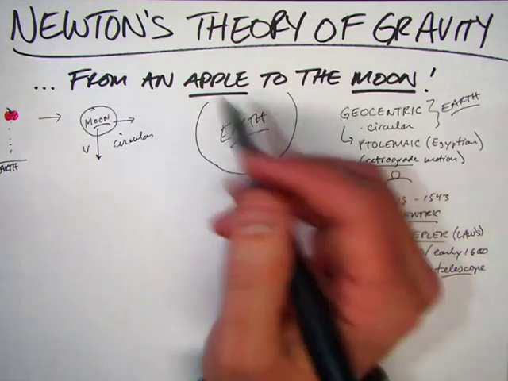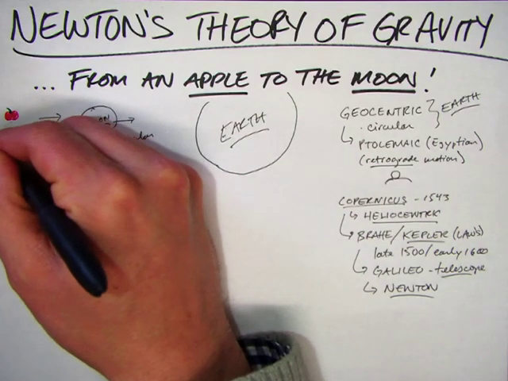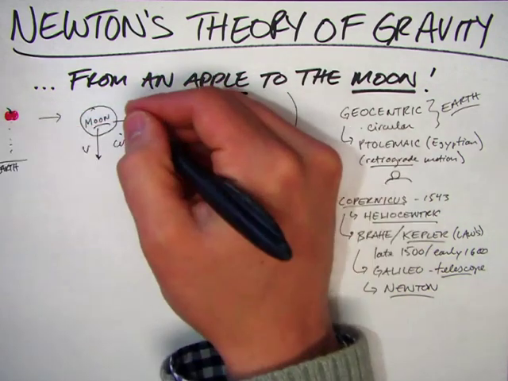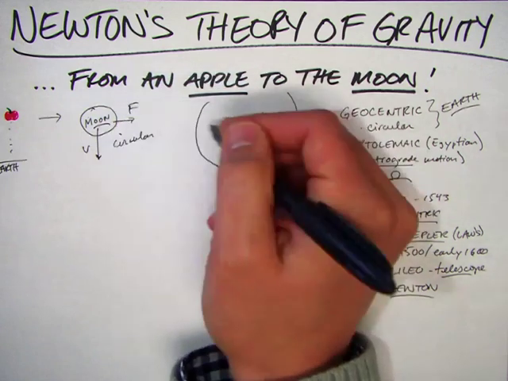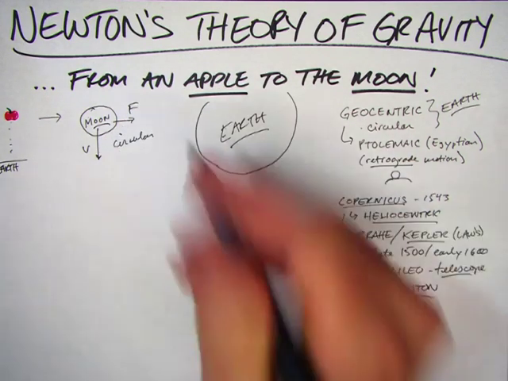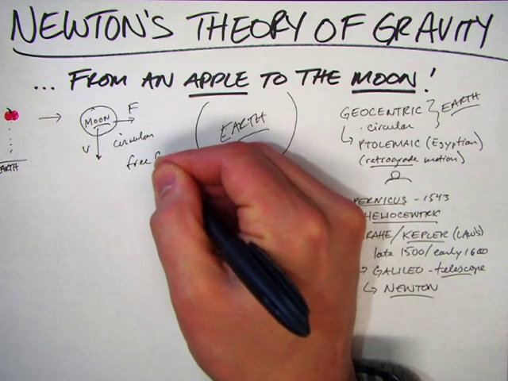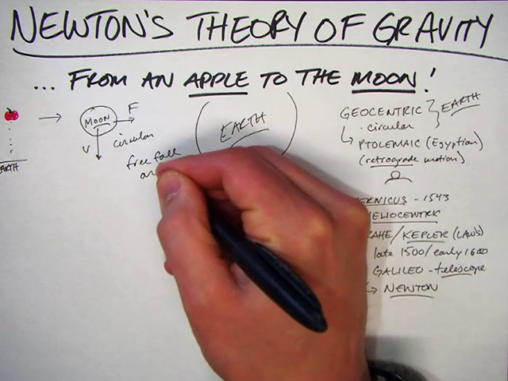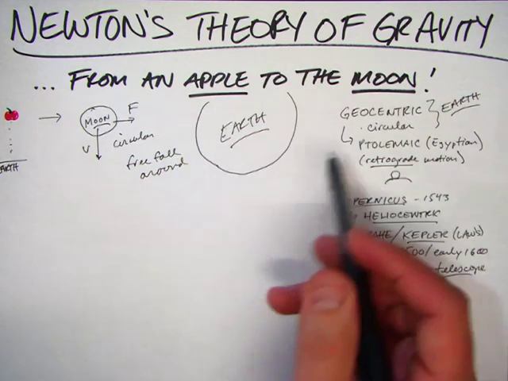So he hypothesized that the same force pulling the apple to the Earth could be the same force pulling the moon towards the Earth, but that actually the moon was in free fall around the Earth. Now, how could that be? How could you be in free fall but be falling around the Earth?